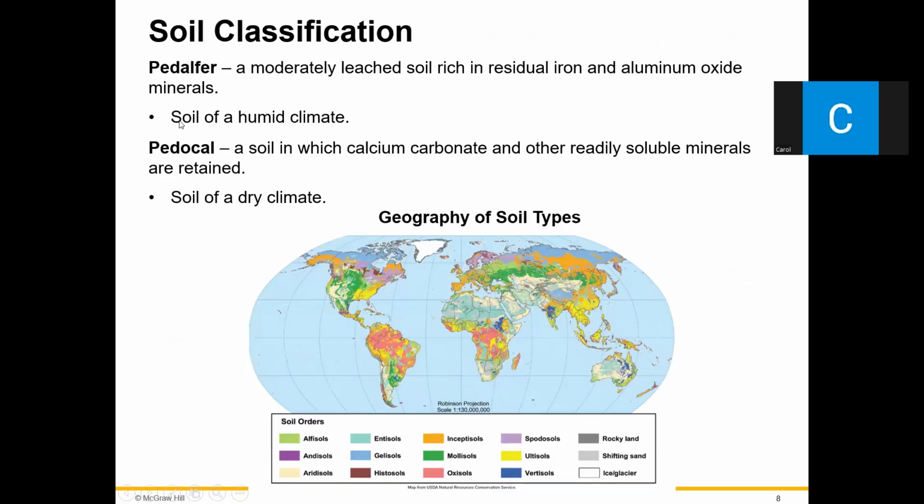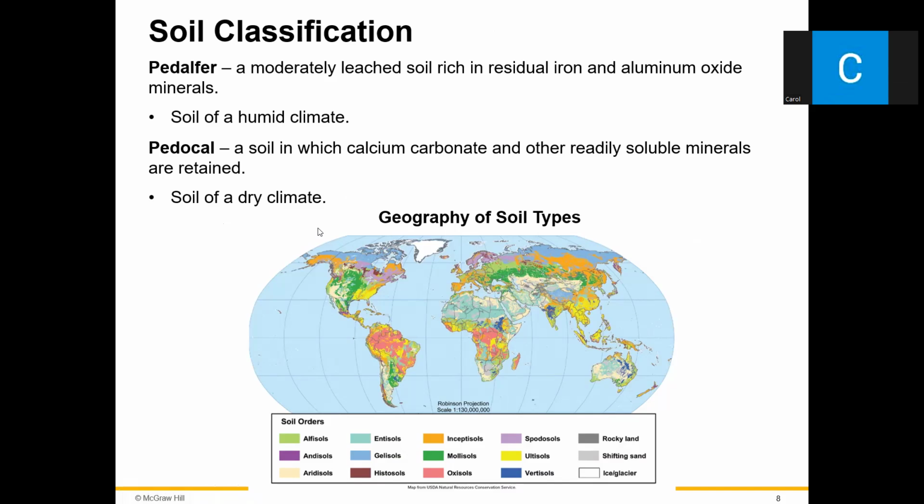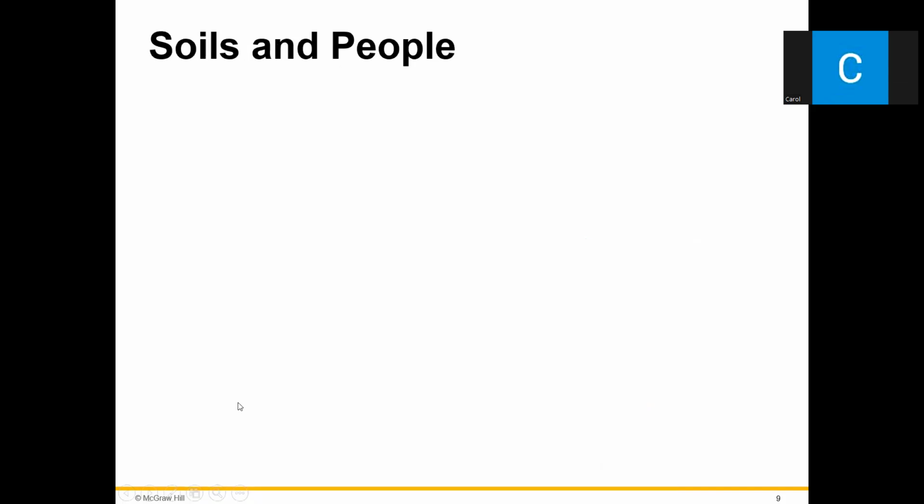So for soil classification, we have pedalfers, which are moderately leached soil rich in residual iron and aluminum oxides, and you find those in your humid climates. And we have pedocals, which are calcium carbonate bearing, and you find those in dry climates because you don't have the water to dissolve the calcium carbonate out.